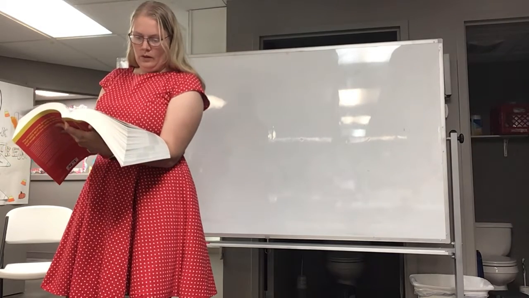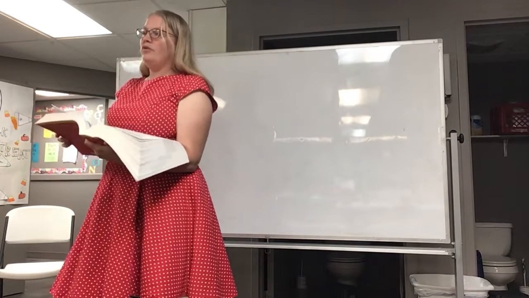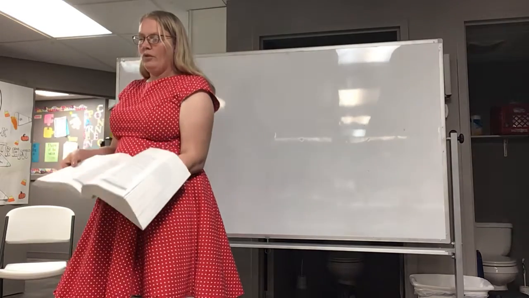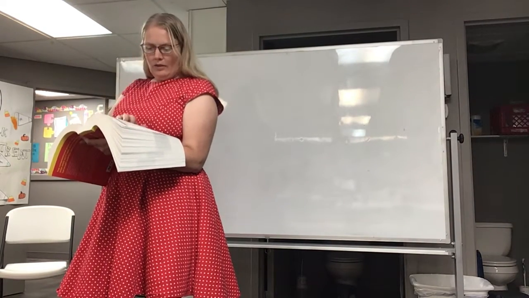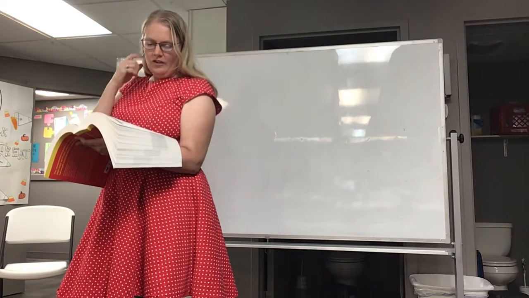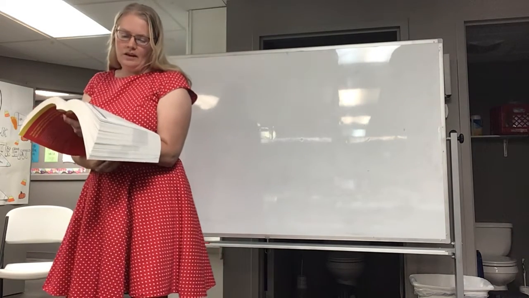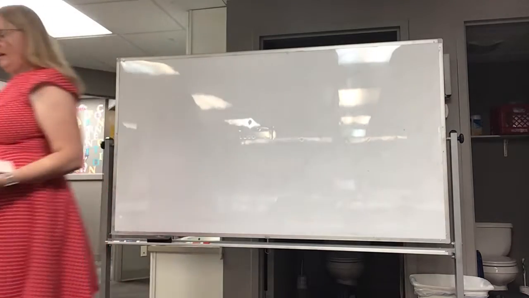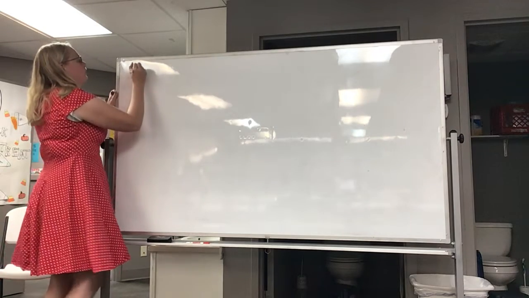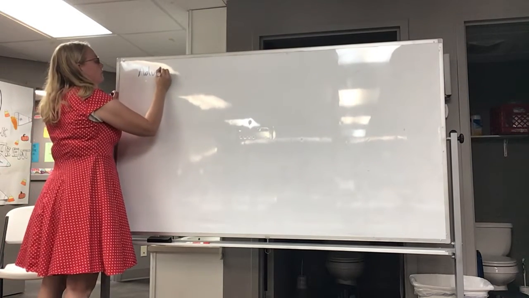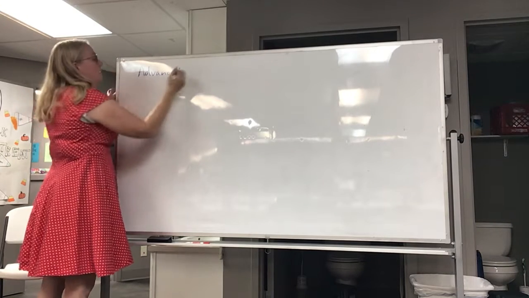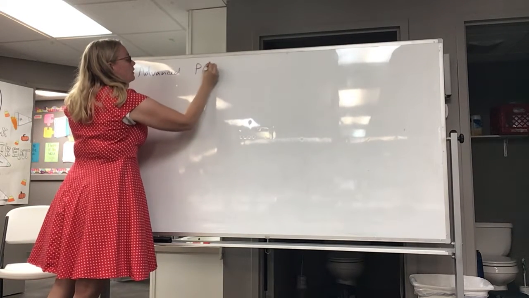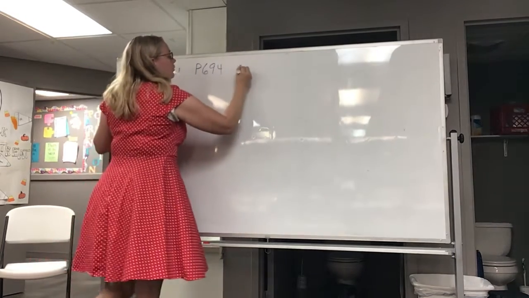So, again, for the advanced students, you guys have the advantage that your book also gives explanations. And so that starts on page 694. Advanced is on page 694 for explanations.